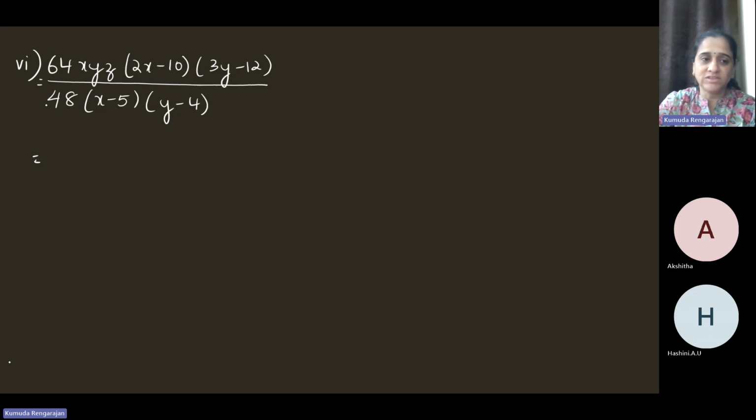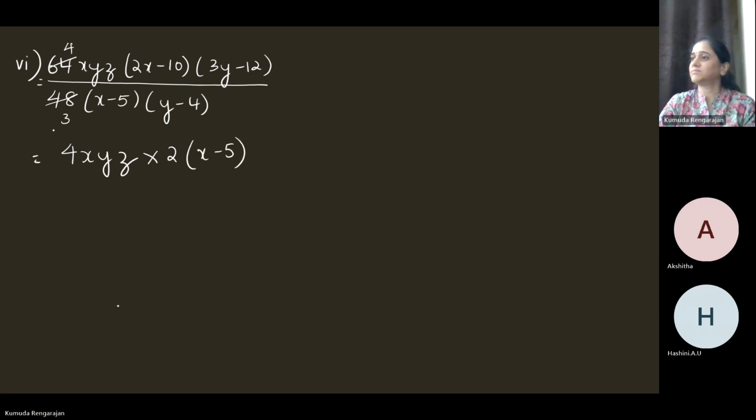So you can cancel. 16 threes are, 16 fours are, correct. Or in tables of 4 and then 4 again. So now 4xyz. Here 2 is common, so 2 into (x minus 5). You cannot put a plus sign.